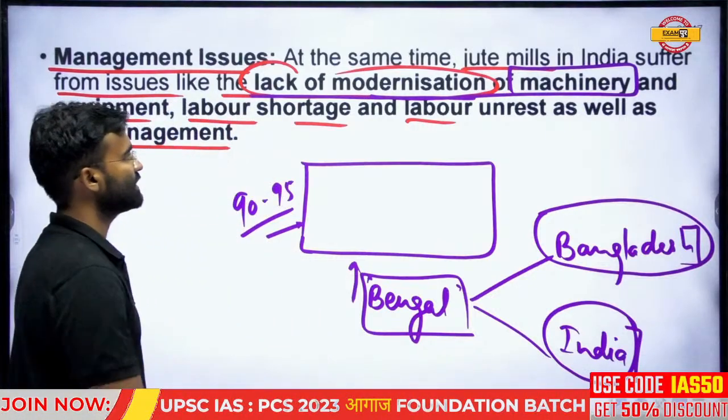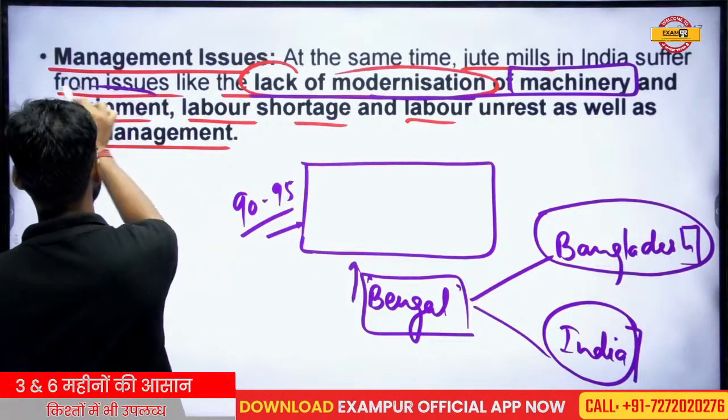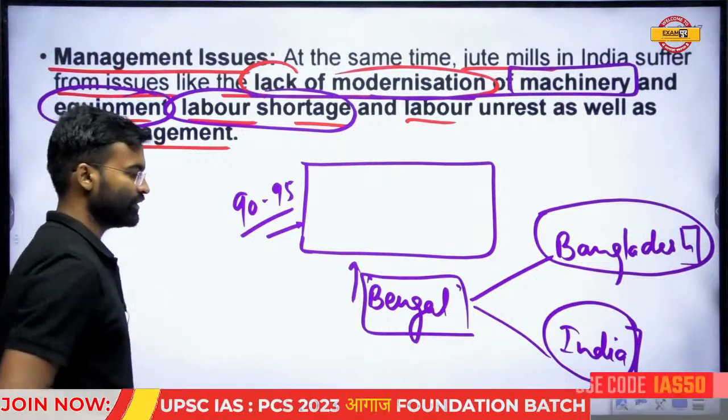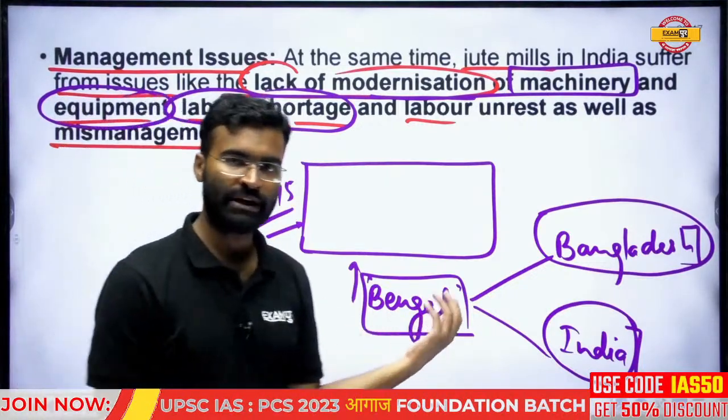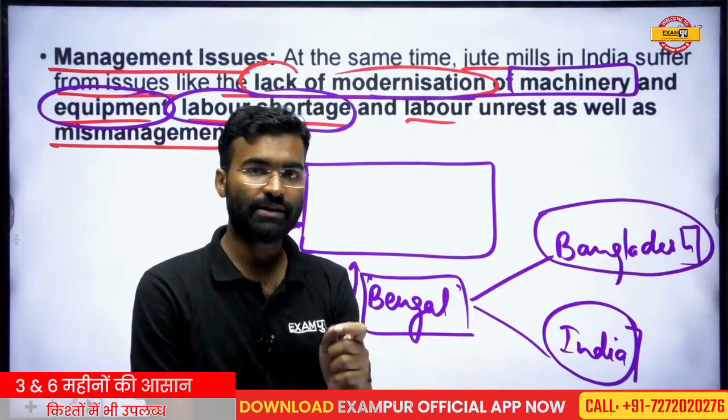So there is a lack of modernization, mismanagement, a lack of equipment, and labor shortage. I told you some minutes ago that this is a labor intensive crop.